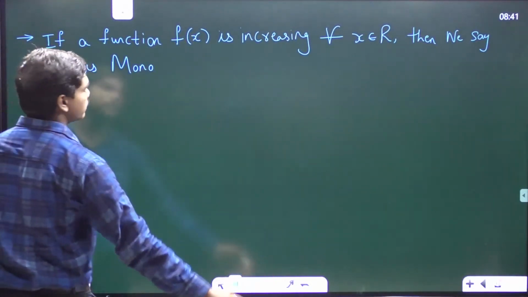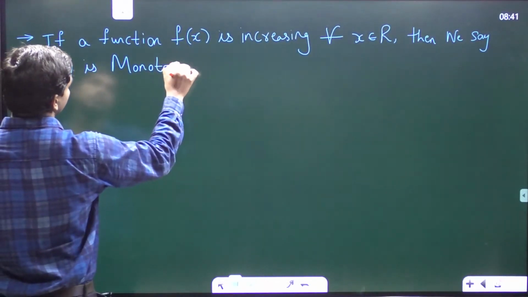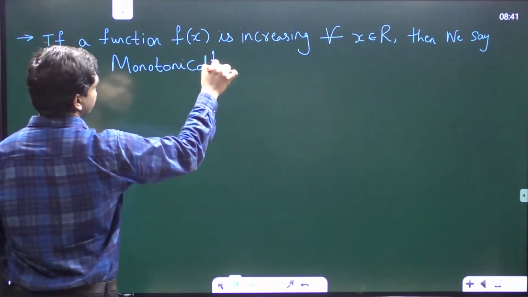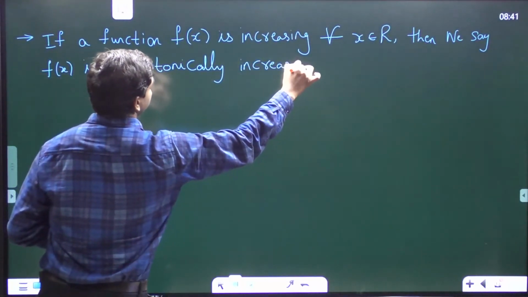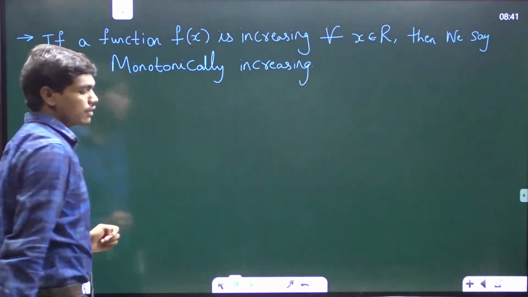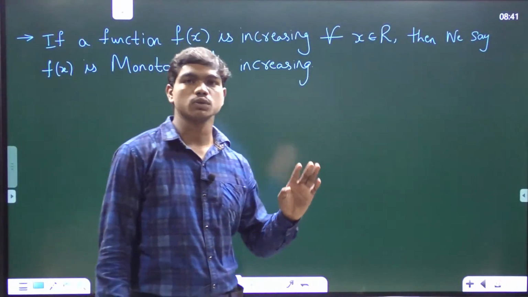Someone was asking what's the definition of this term monotonically. Monotonically increasing means the function over the complete real number domain has only a single nature.